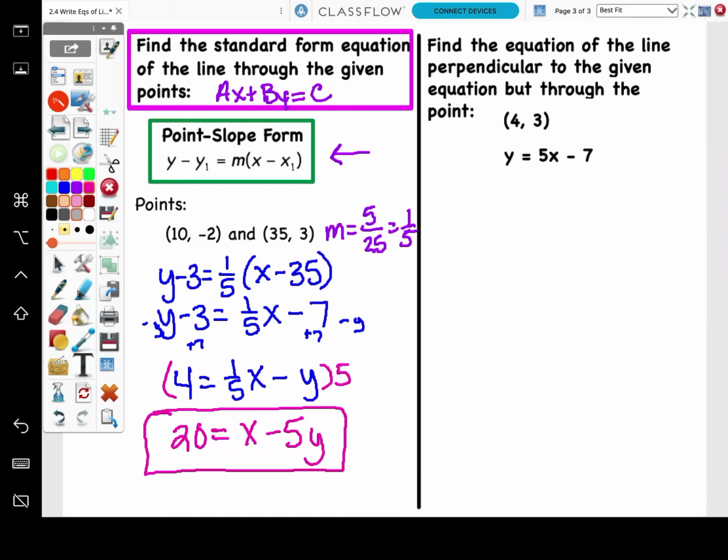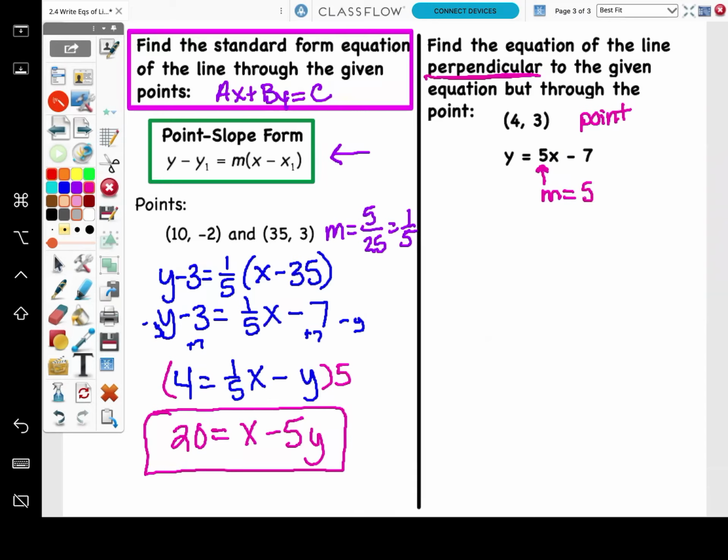Okay, last example before you get to work on your own. Find the equation of the line perpendicular to the given equation, but goes through the point 4, 3. So we have our point. Perpendicular tells us something about the slope, so I'm very curious about the slope of this line.